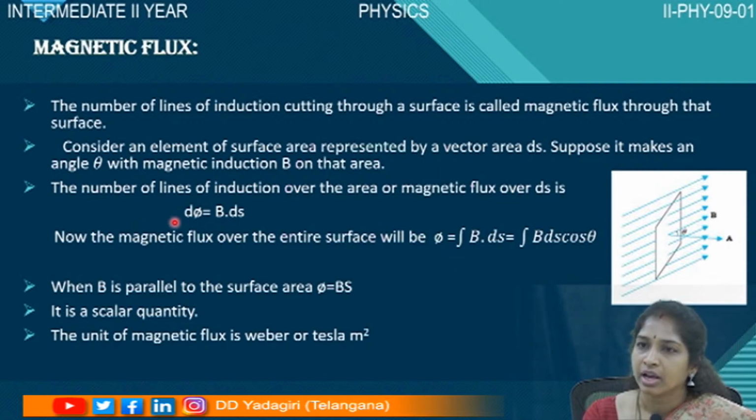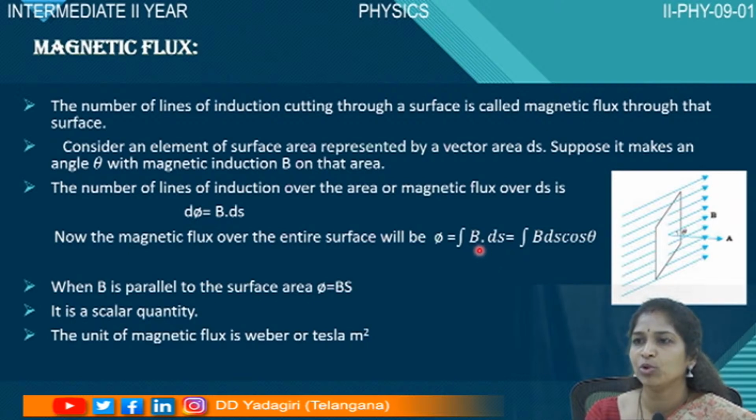So I can integrate this equation to calculate the magnetic flux over the entire area. Integration of d phi equals integration of B dot dS. Integration of d phi is phi. So phi equals integration of B dot dS.